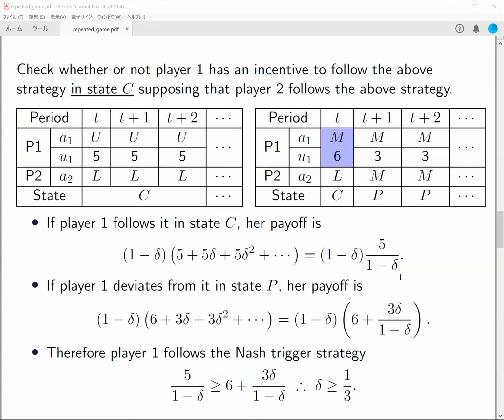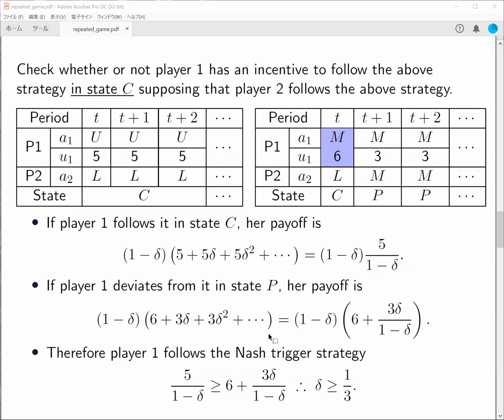That deviation is to choose M. If player 1 deviates to M, then player 1 gets a payoff of 6 in the current period. Since both players choose M from tomorrow on, player 1 gets a one-period payoff of 3 from the next period onwards.